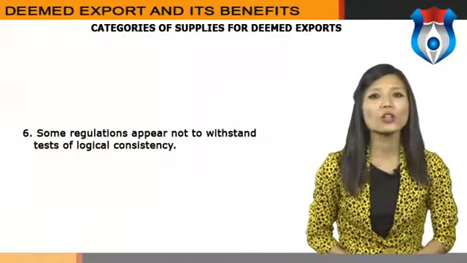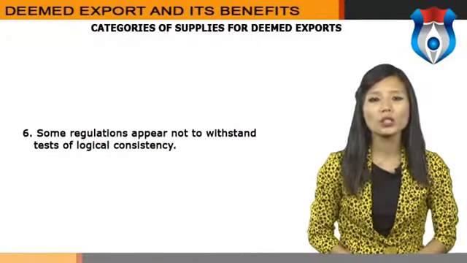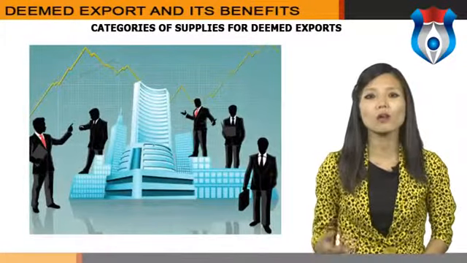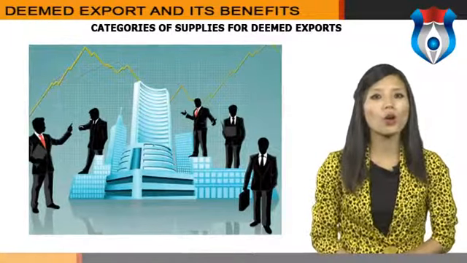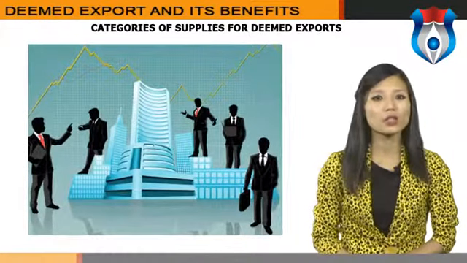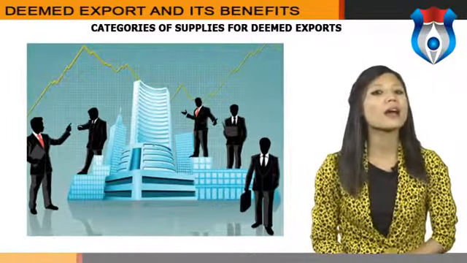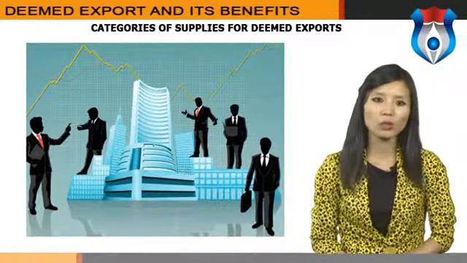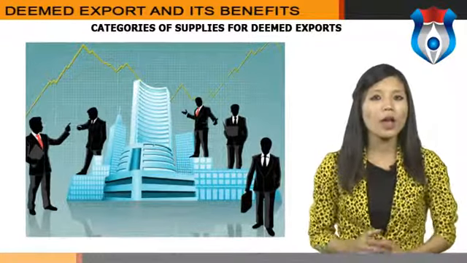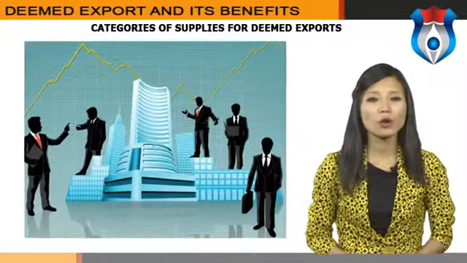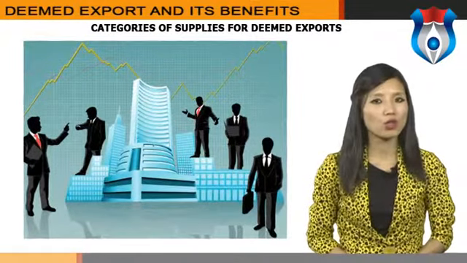Some regulations appear not to withstand tests of logical consistency. For example, a major debate has swirled around the use of the word "or" as opposed to the word "and" in the definition of use technology set forth in the EAR. If use is defined as it has been in the past, "or", the information necessary for the operation, installation, maintenance, repair, overhaul, or refurbishing of an item is subject to regulation.